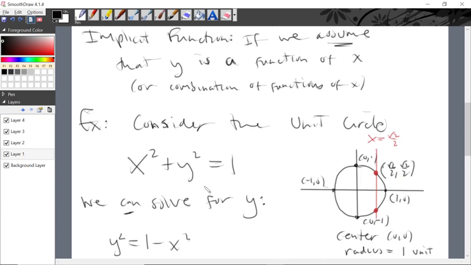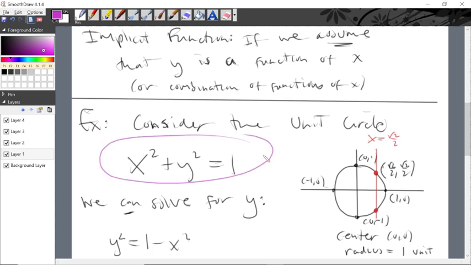When we were looking at the equation x squared plus y squared is equal to 1, by the way, this equation right here, that would be an implicit equation. This is the implicit form, where we are assuming that y is a function of x. We can see from the equation, written the way it is, that if we plug in a number x that is within the domain, we know we're going to get some value or values of y.